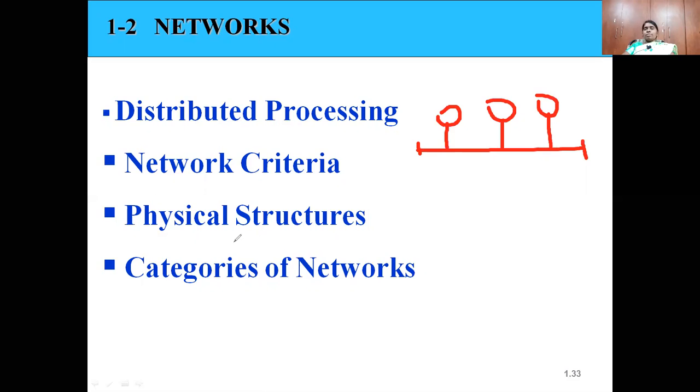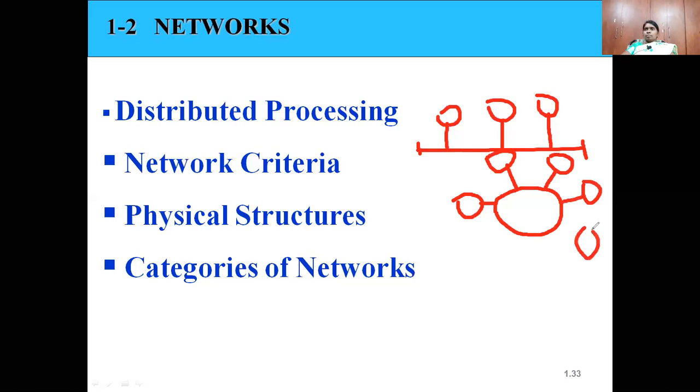While coming to the ring topology, we'll have our wire in a ring fashion, and our systems are connected to it.